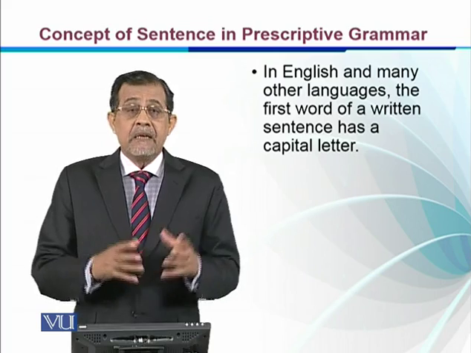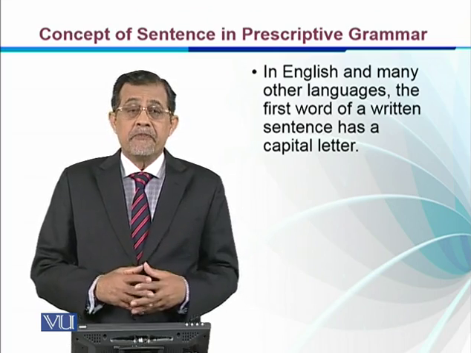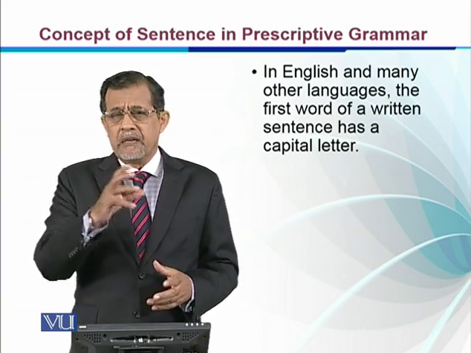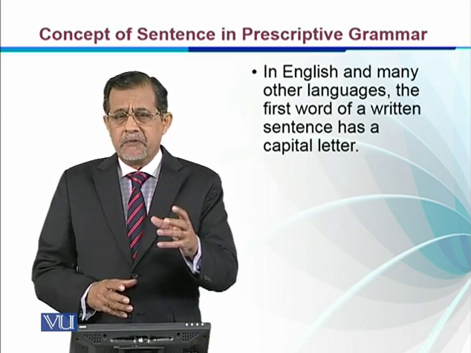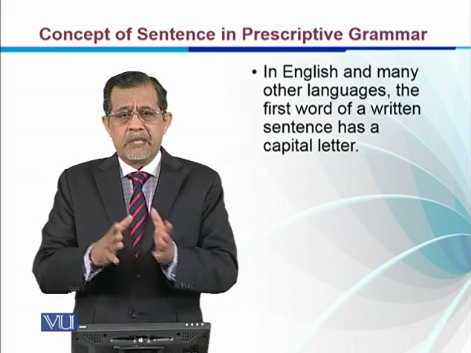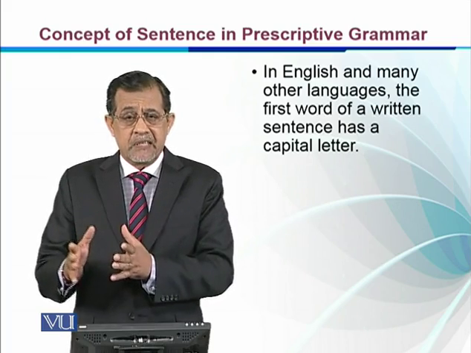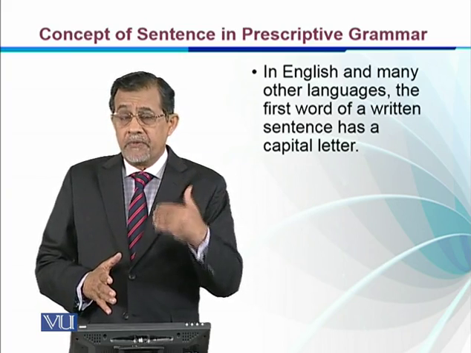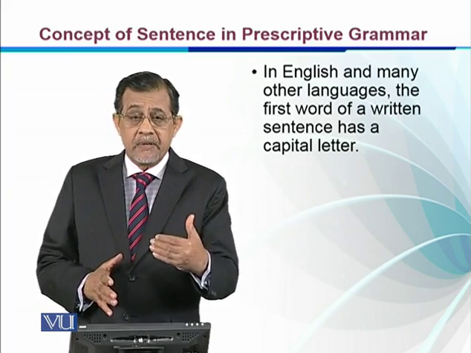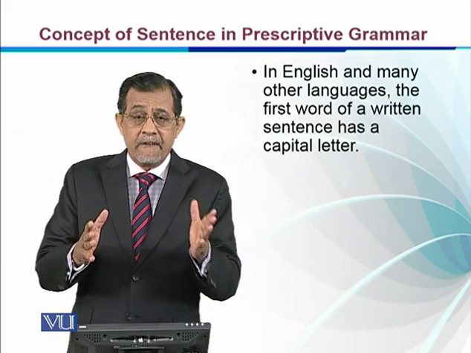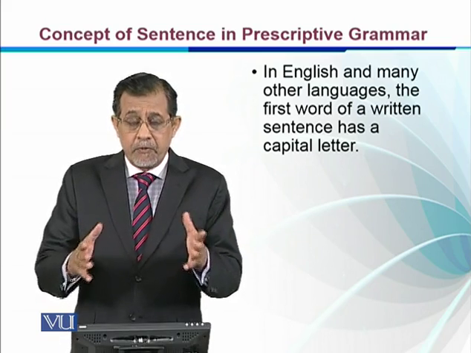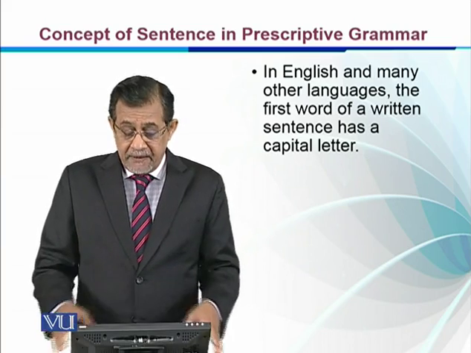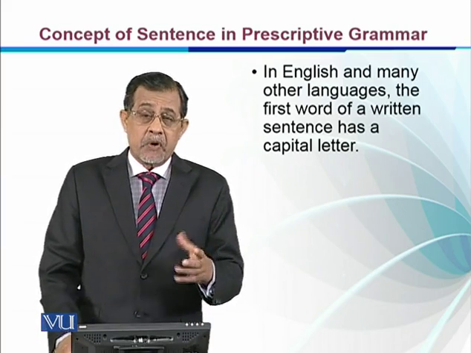In English and many other languages, the first word of a written sentence has a capital letter. So generally, after giving the definition of a group of words that expresses a complete thought, we say that the group of words starts with a capital letter and ends with a full stop, or full point in American usage.